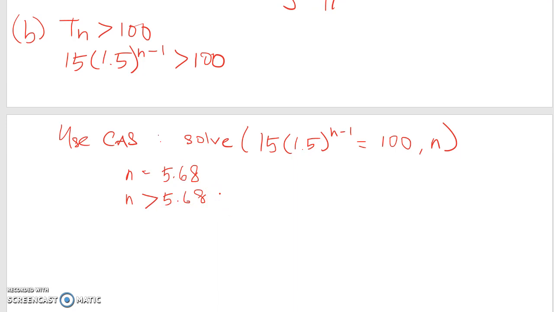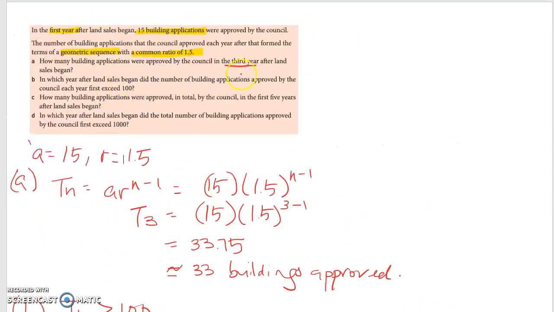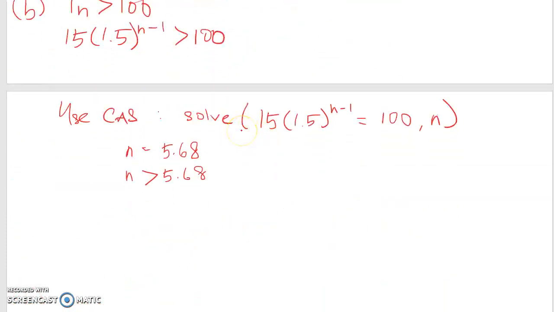Months, right, in order for you to be able to approve. Is it months or years? No, it's years. Okay, so it's more than 5.68 years.